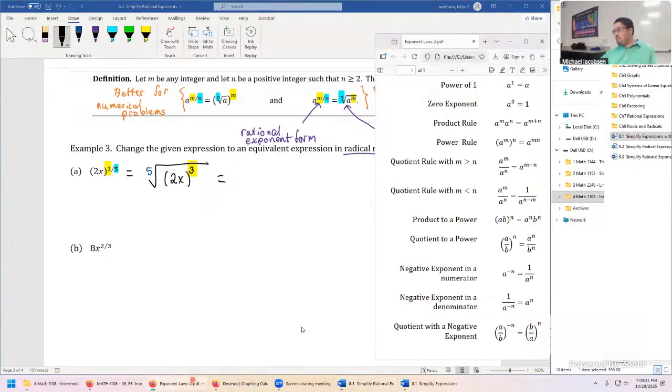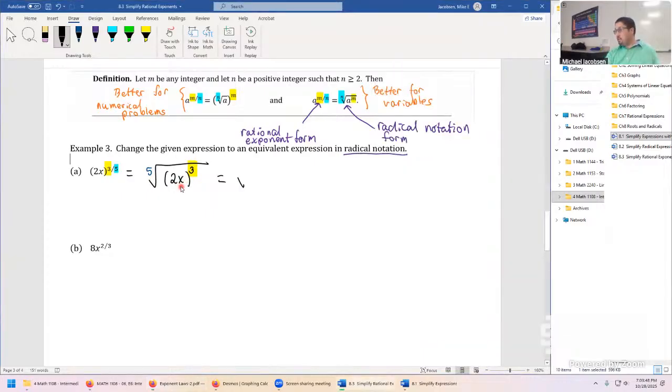We can use properties of exponents that say two things multiplying, that's the 2 and the x in this problem, raised to a power, allows us to raise both factors to that same power. So this is really now 2 to the power 3 times x cubed. Fifth root of 2 cubed times x cubed. So now it's the fifth root of 8x cubed.